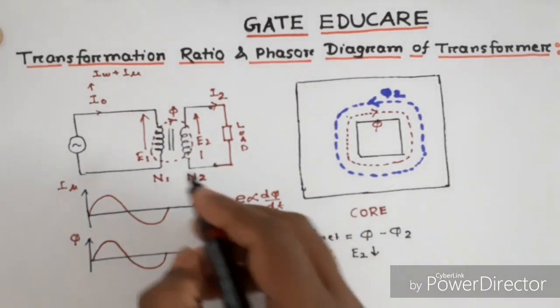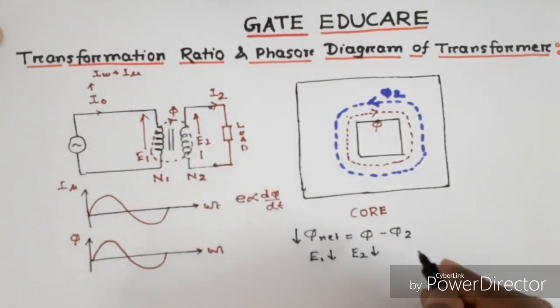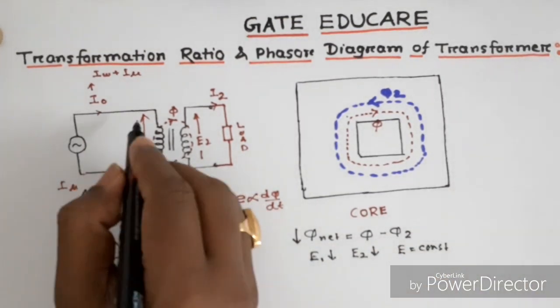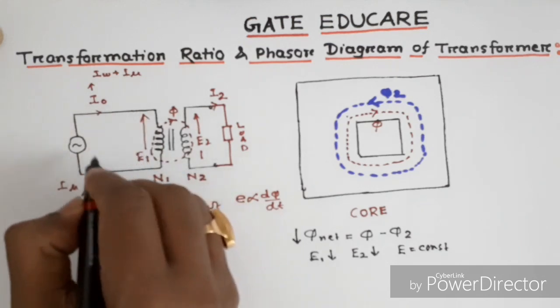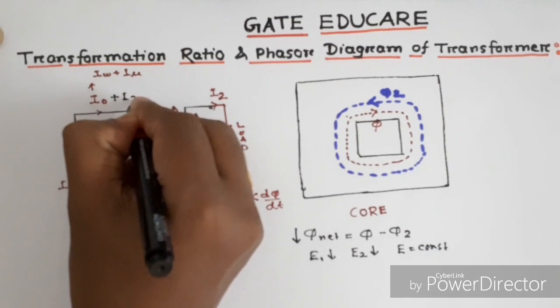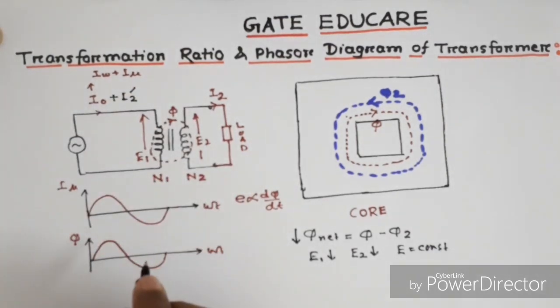In order to keep the induced EMF constant, that means E equal to constant, an additional current will be drawn from the supply. The additional current is I2 dash. Now, due to I2 dash, again a flux will be produced in the transformer core.